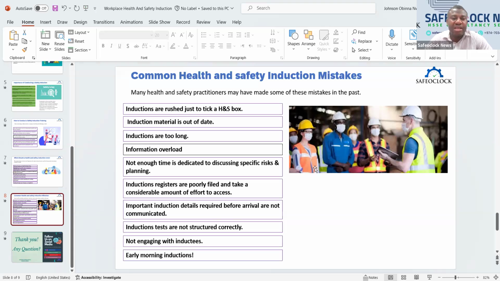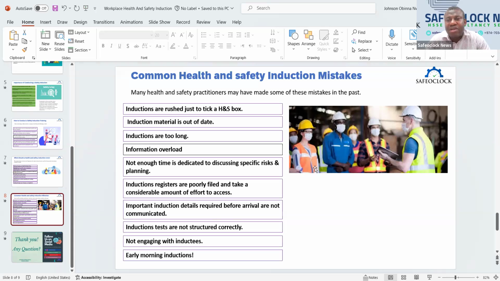Another mistake is that induction materials are out of date. You see, in some workplaces, especially in the construction industry, you have a changing site layout. From time to time, things are improving, things are changing. Maybe last week there was excavation on the south.